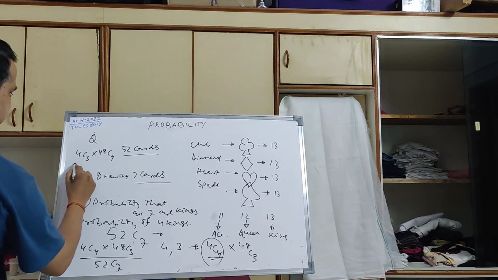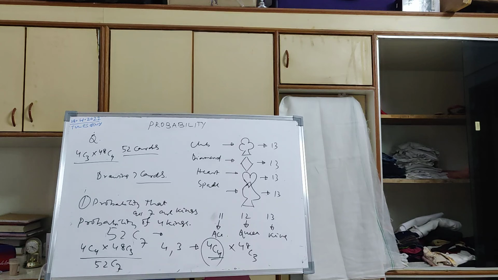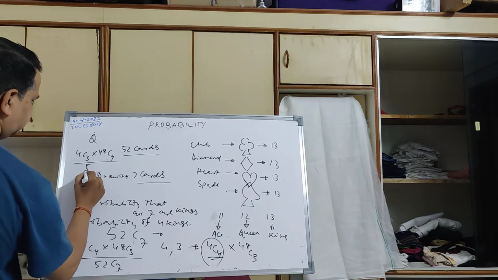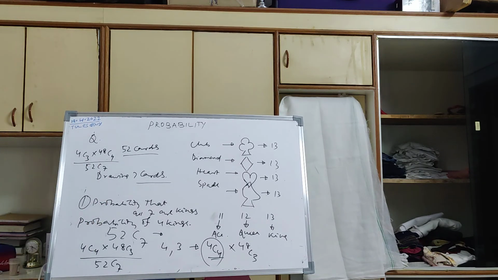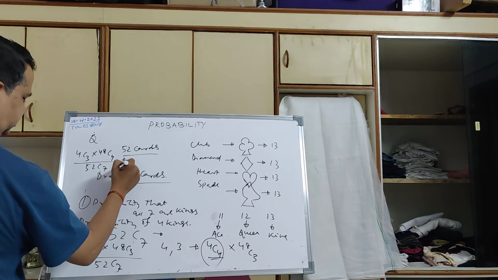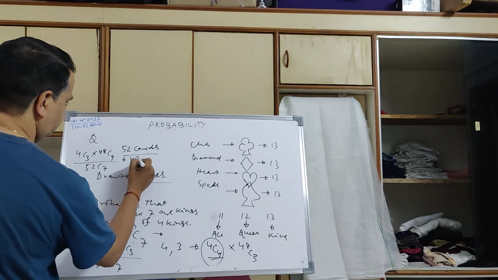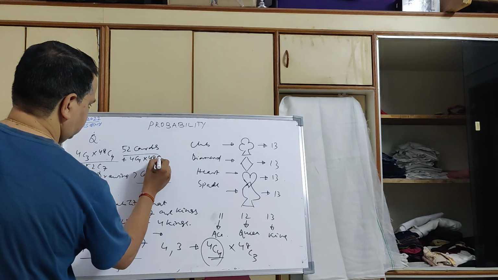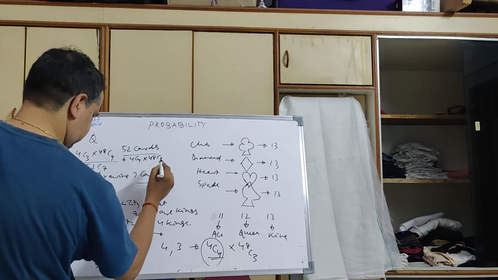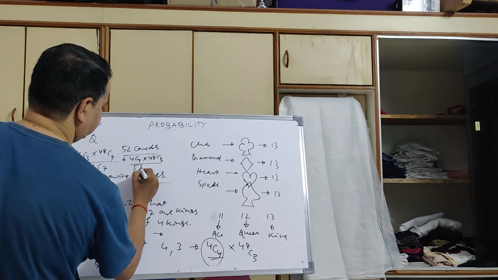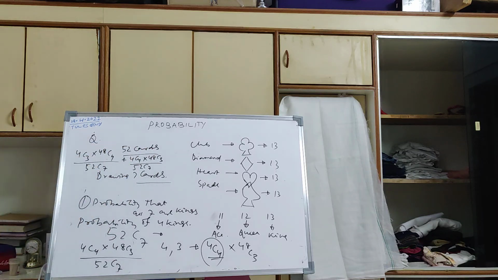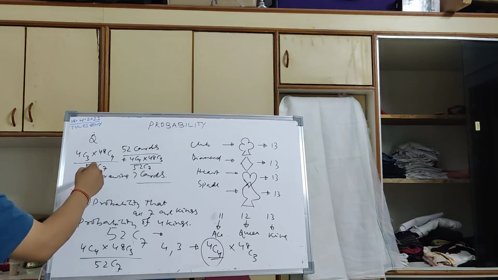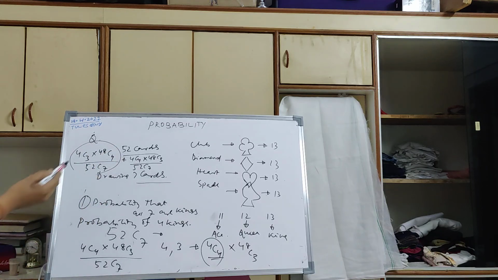So this is the probability of 3 kings, and the sample size remains the same, 52C7. So this term plus this term, 4C4 into 48C3 divided by 52C7, is the probability of at least 3 kings. You are adding an extra term here, and the denominator will remain the same.